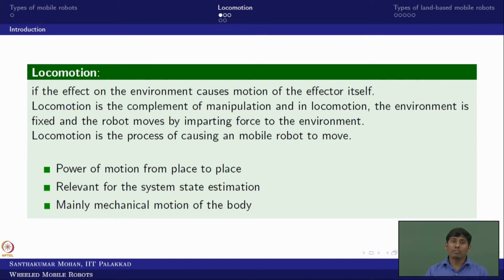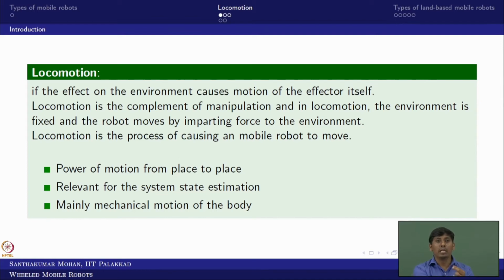What we are focusing on here is that locomotion means the mechanical motion of the body. It is not the controlled motion; the controlled motion will come under motion control. Take a base, connect a wheel and actuate the wheel: that is how the wheel makes the mobile base move.